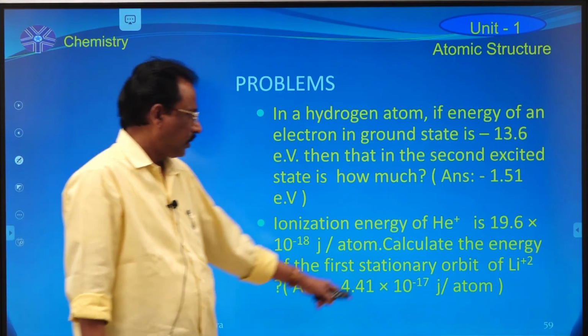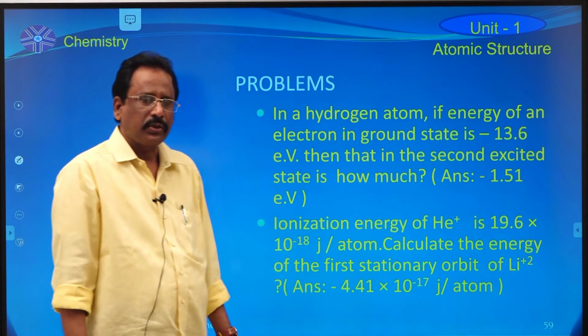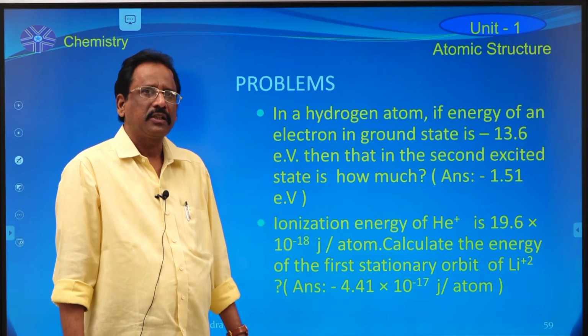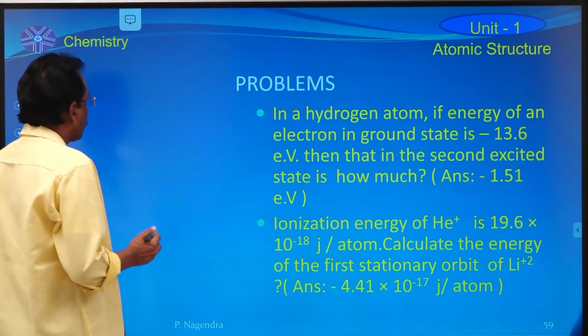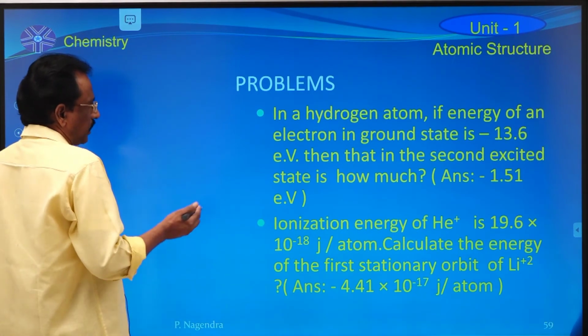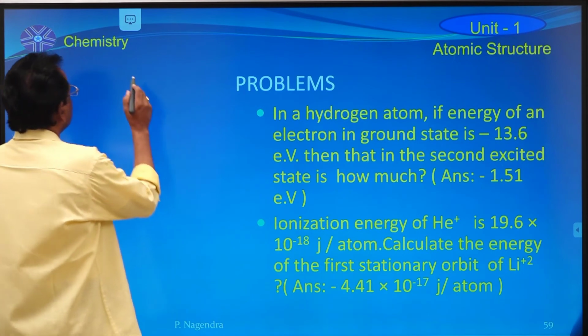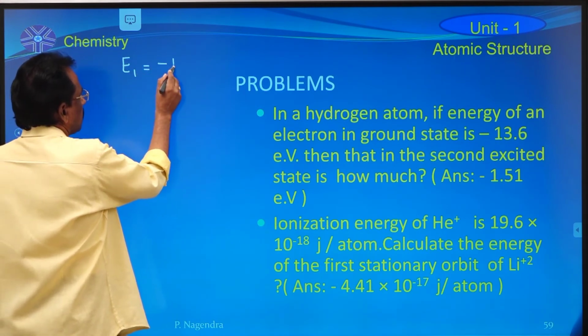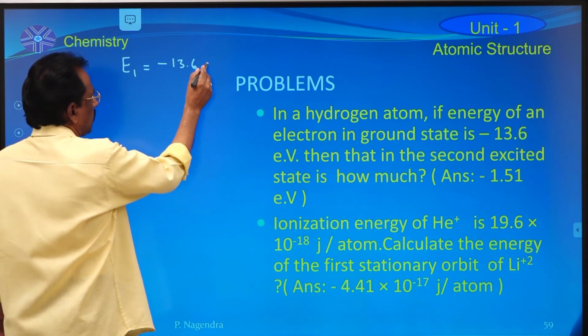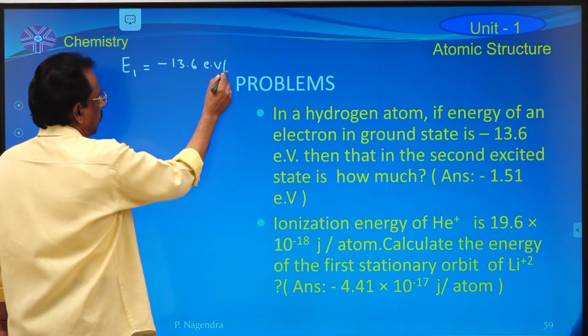This is also one of the examples of isoelectronic species. According to Bohr's theory, the electron present in hydrogen atom, E1 is equal to minus 13.6 electron volt per atom.